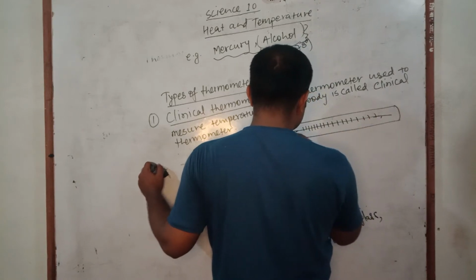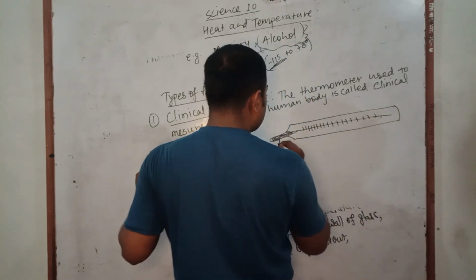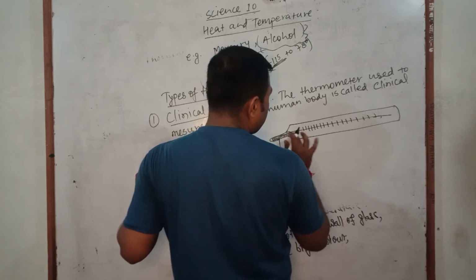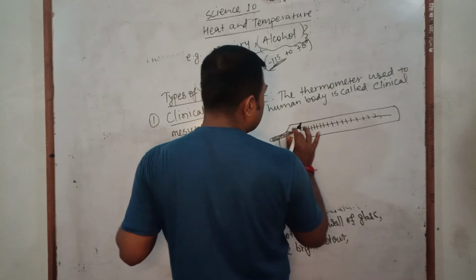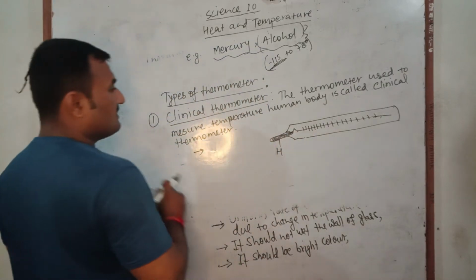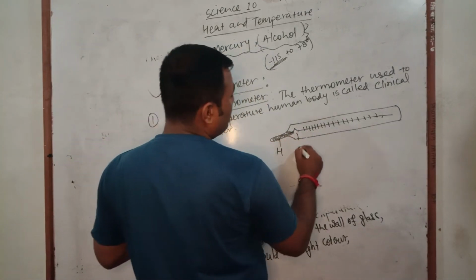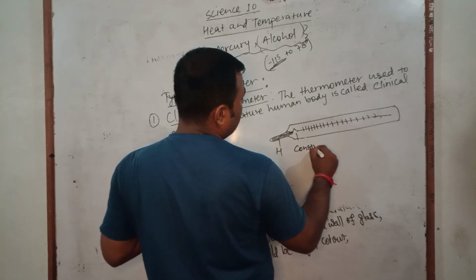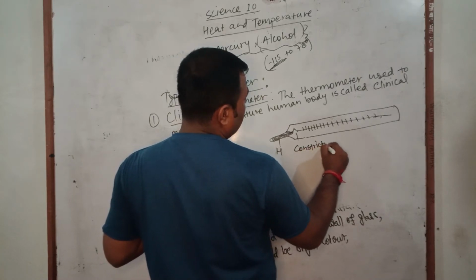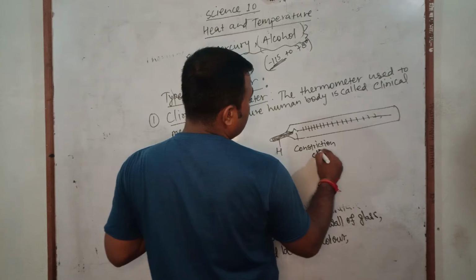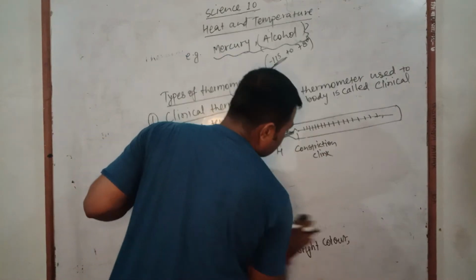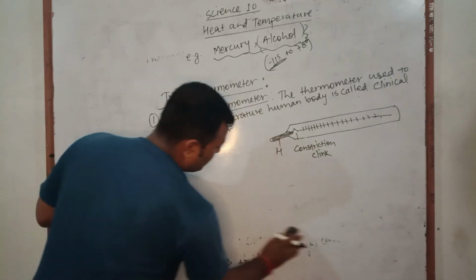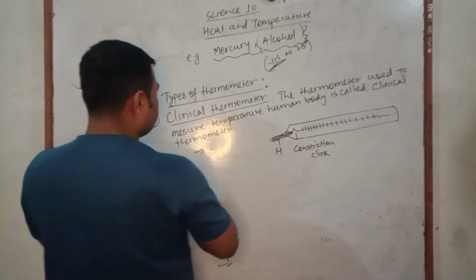When heat energy is given, it remains filled by mercury. And the most important character is that it contains a constriction near the bulb, or also we can write kink. That constriction helps to prevent backflow. And here are the common characteristics of clinical thermometer that we discuss.